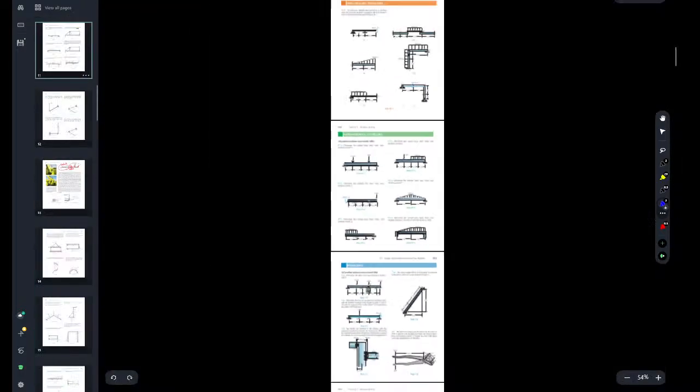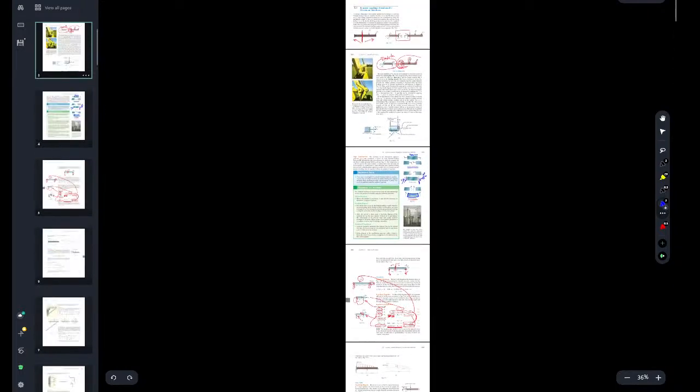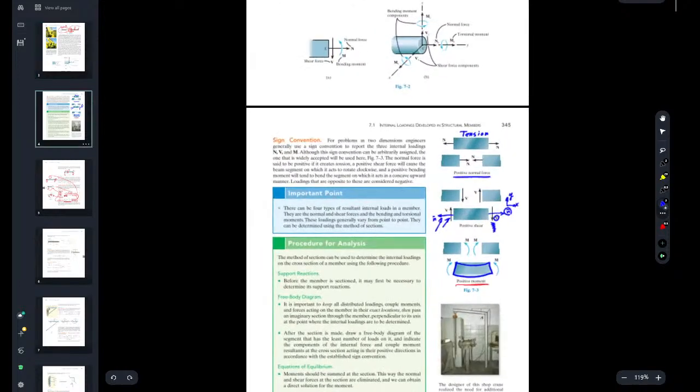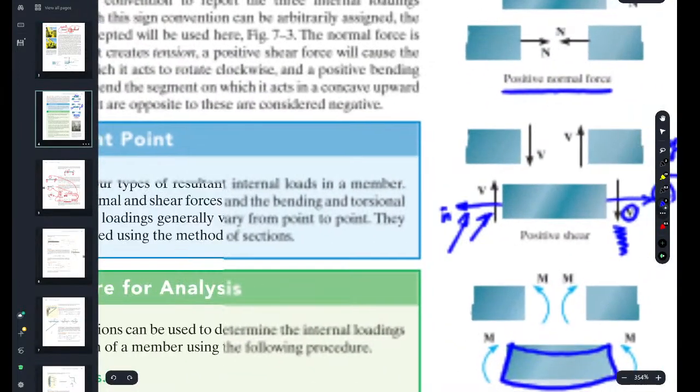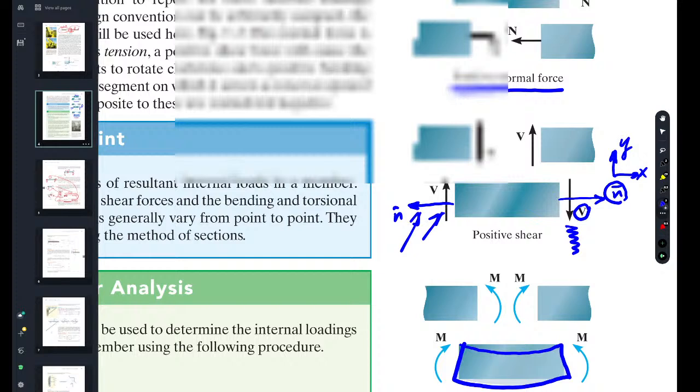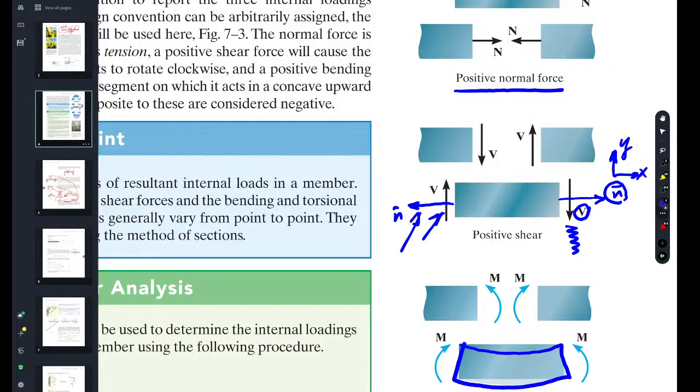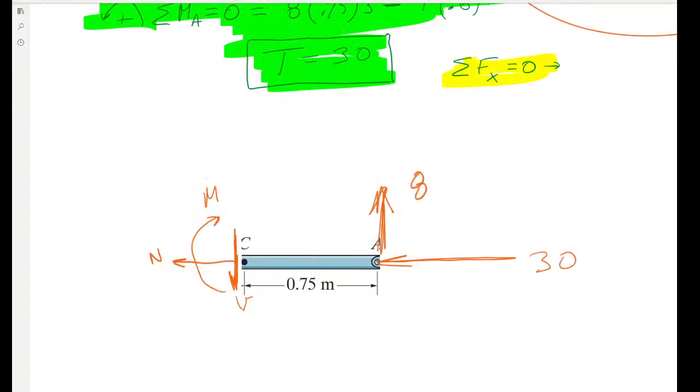We can slide back here. On the left end, it's going up, so I've got it backwards.